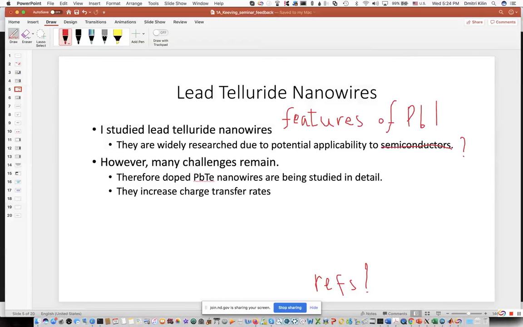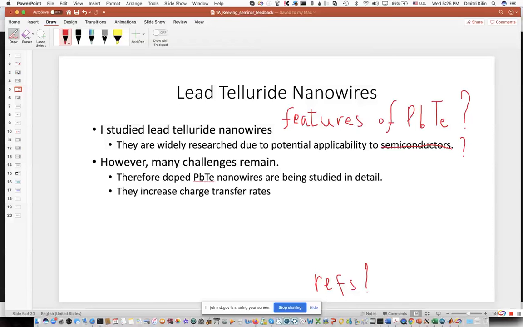The specific feature of lead telluride is its conductivity. Which conductivity? It's an electrical conductivity. But it is a semiconductor. Right. Yeah, I have to research this a bit more by reading past papers, but I'll definitely have a better answer to this by Monday. Very good.